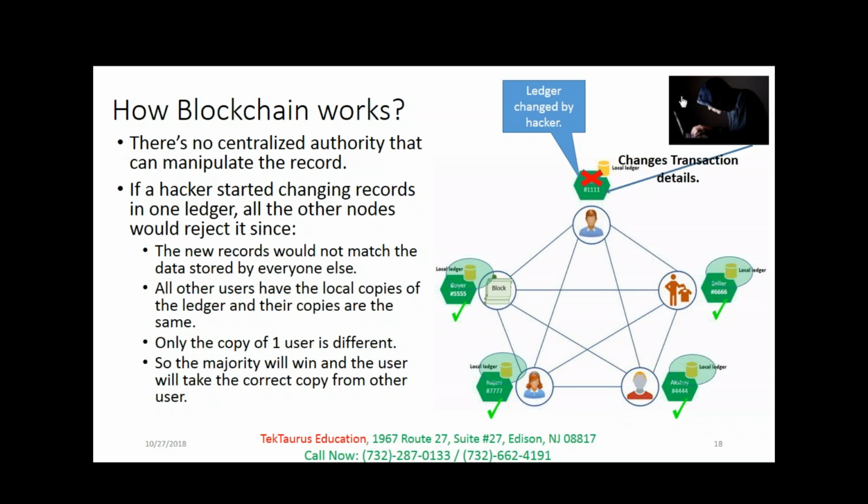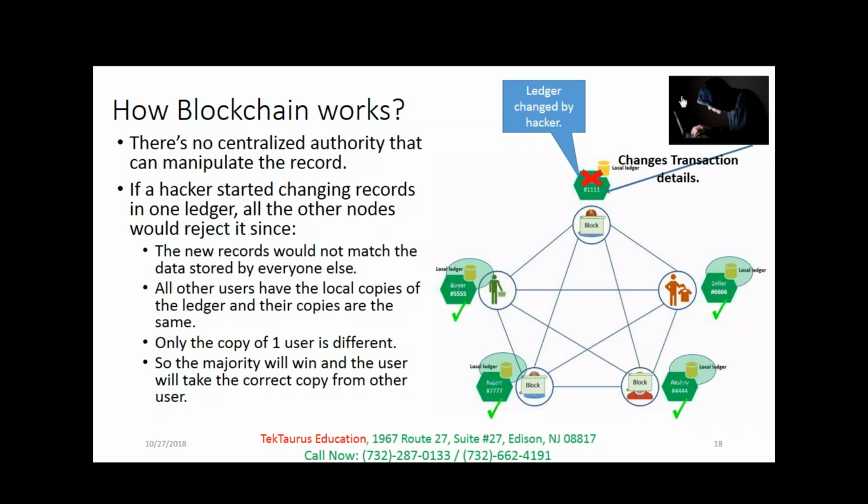The only way to hack the system is to hack all the local ledgers of all the users at a single time and make similar changes in each and every copy.